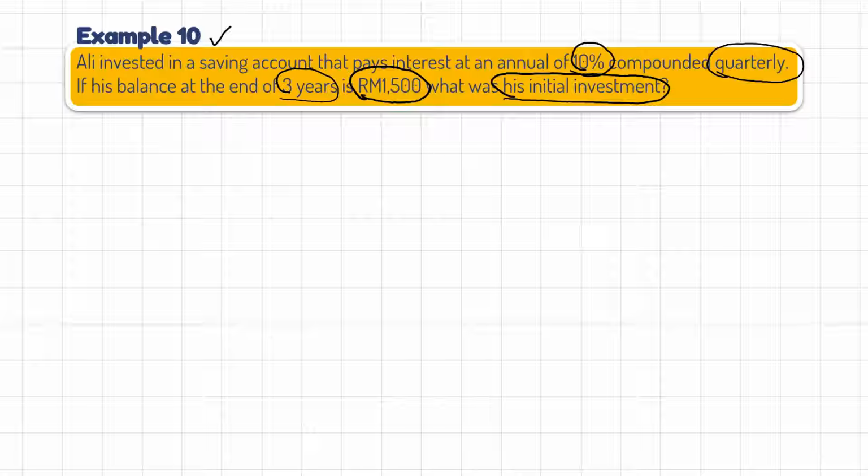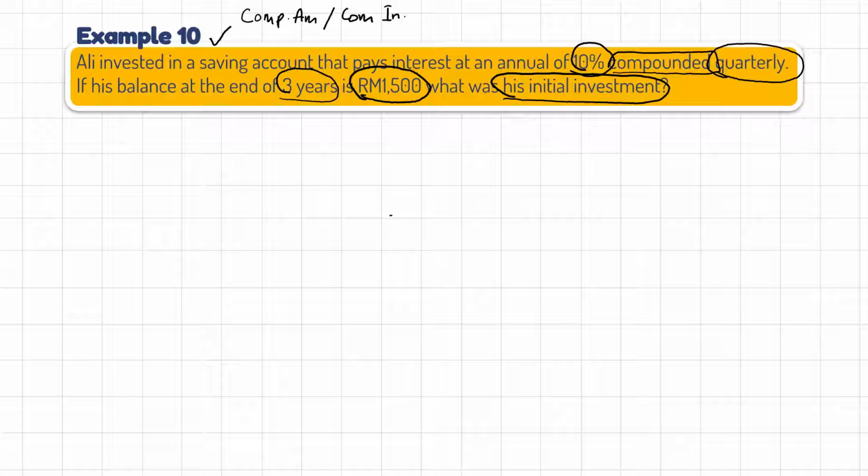For this question, we notice that there is the word compounded. Therefore, this will be the question asking for compound amount or compound interest. So it is not simple interest, okay, since we have the word compounded here.